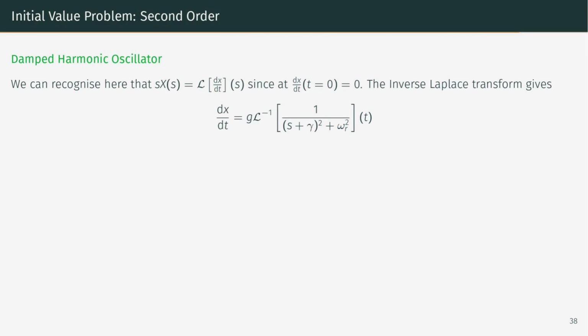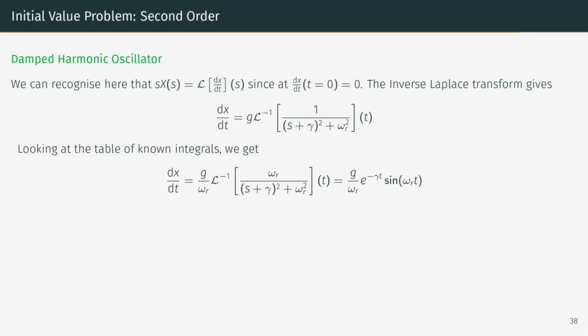The Laplace transform then gives that dx over dt equals g times the inverse Laplace transform of 1 over s plus gamma squared plus omega r squared.